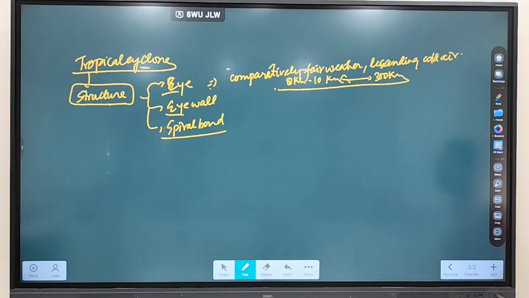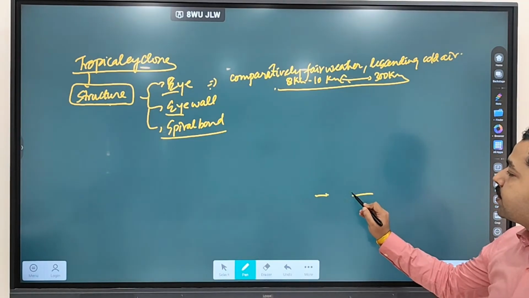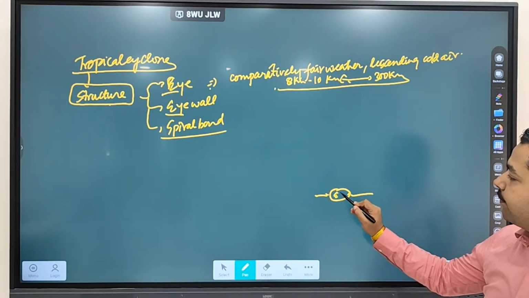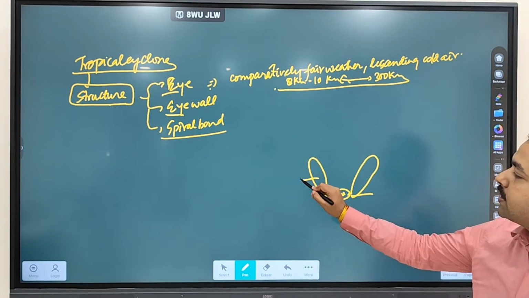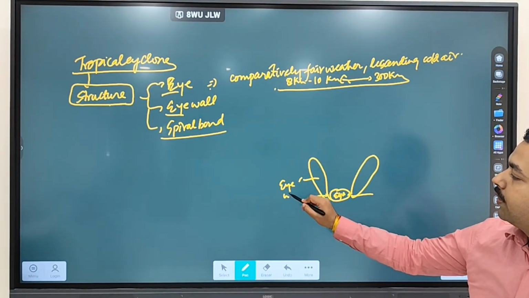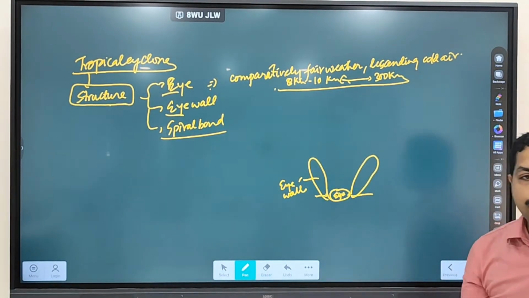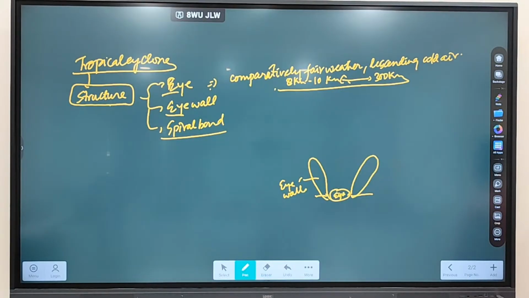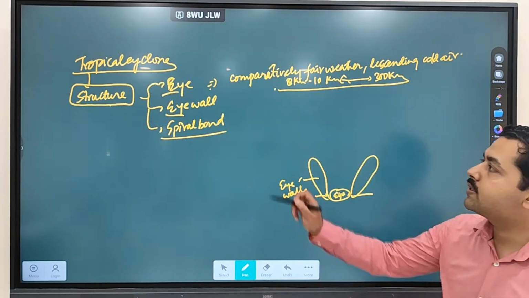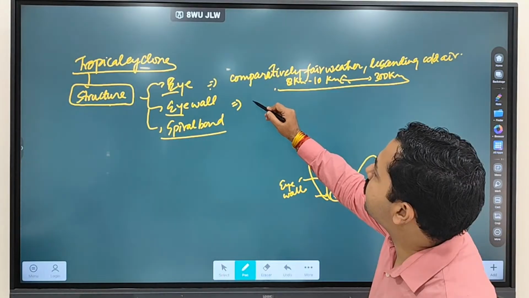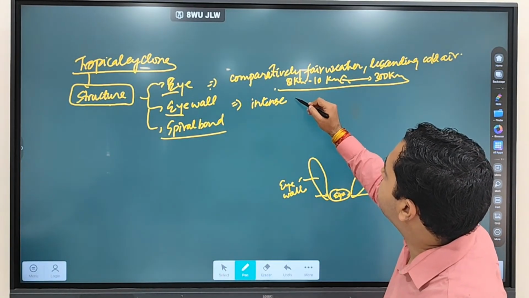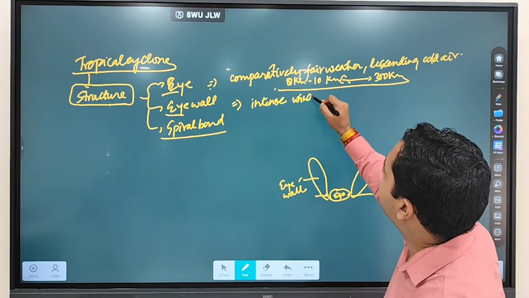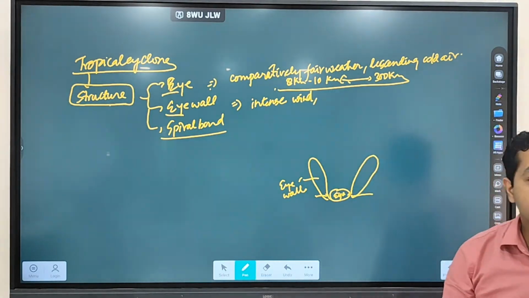So the tropical cyclone has the first region, the eye region. Surrounding this region is what? Surrounding the eye region is an eye wall. Eye wall region is the region of intense wind.